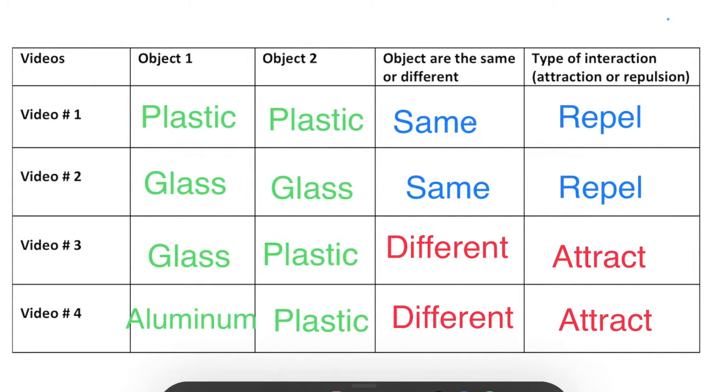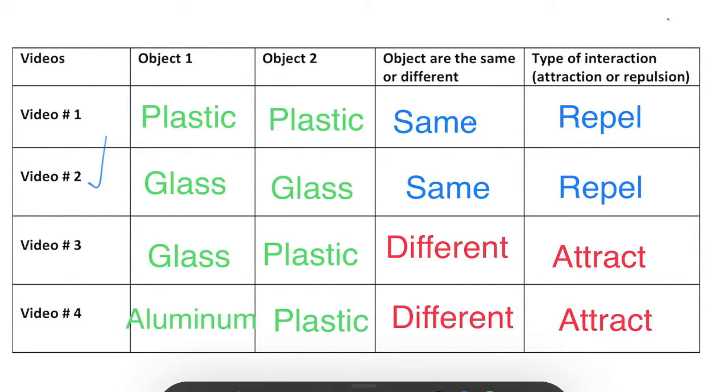That means they are moving apart, far from each other. For the second video, we have glass and glass. Both objects are exactly the same, and they are also repelling each other. We have repulsion, they are moving apart from each other.